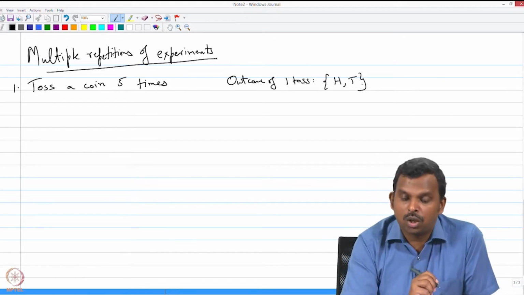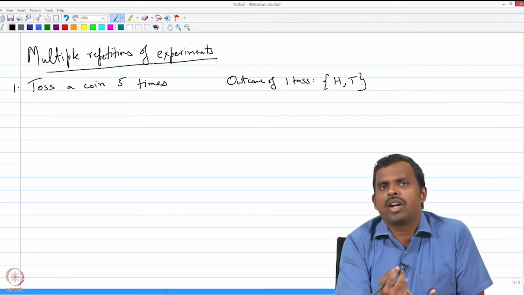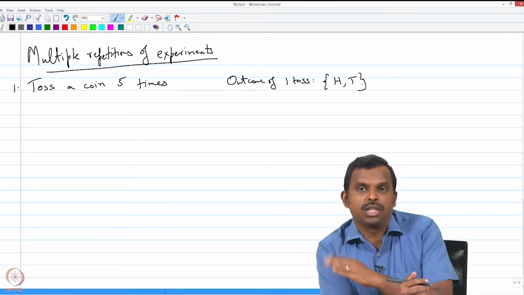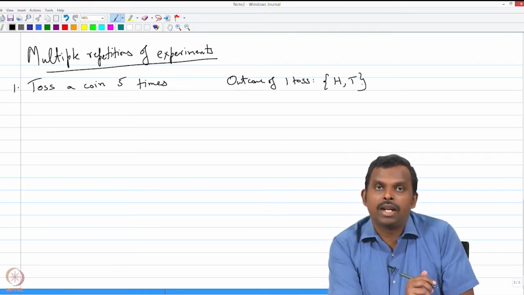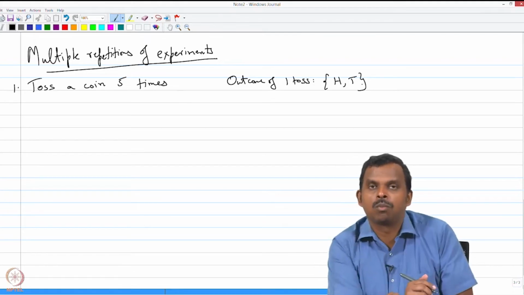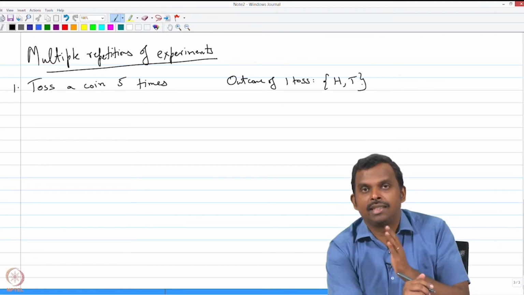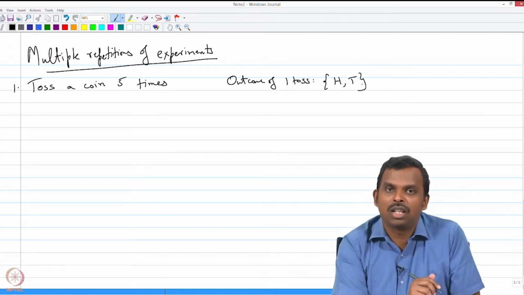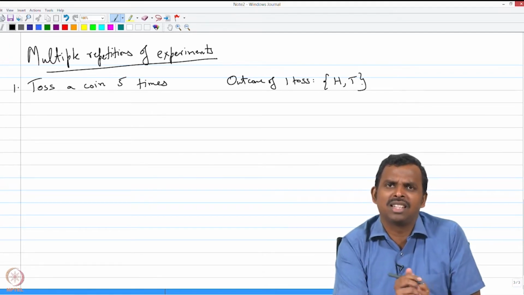What will happen when you toss 5 times? You will have a sequence of 5 observations, and you could have, for instance, heads, heads, heads, heads, heads, or you could have tails, tails, tails, tails, tails, or anything in the middle. How many such possible outcomes are there?